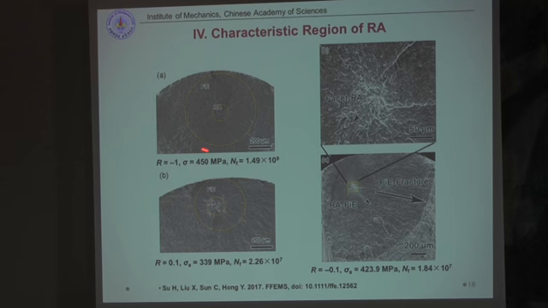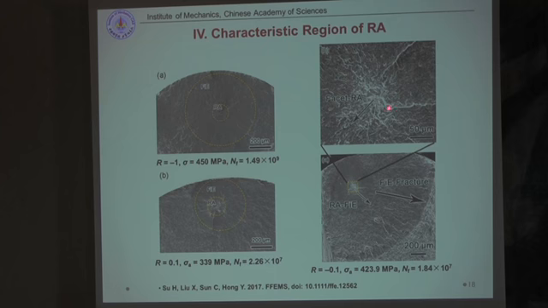And then we are further trying to investigate the region of rough area. This is the crack initiation area there, and this also is a fisheye morphology, and the RA is due to the cleavage of the alpha grains.